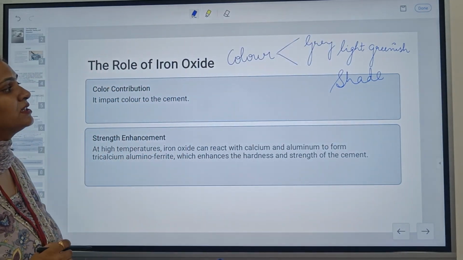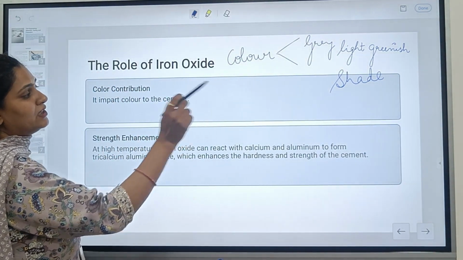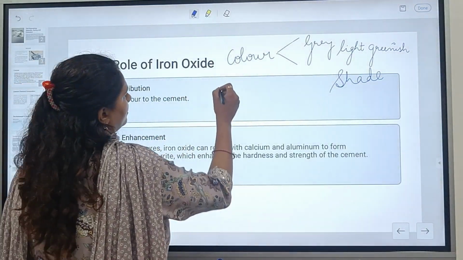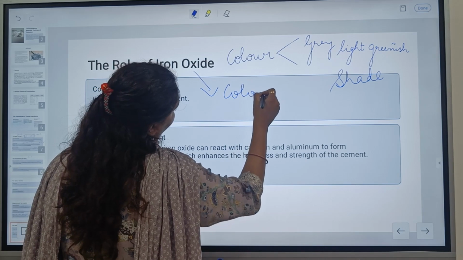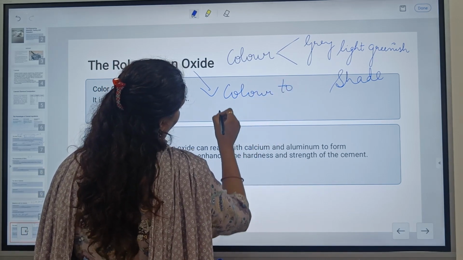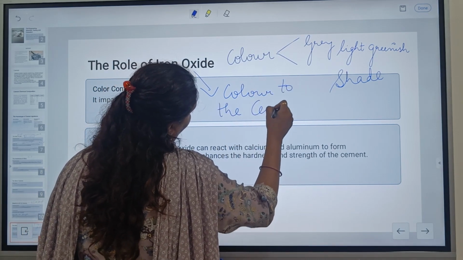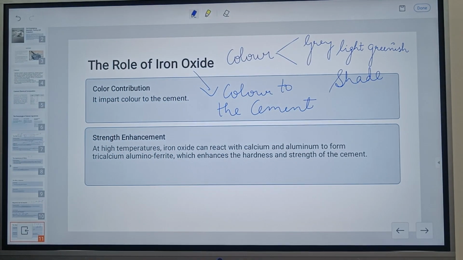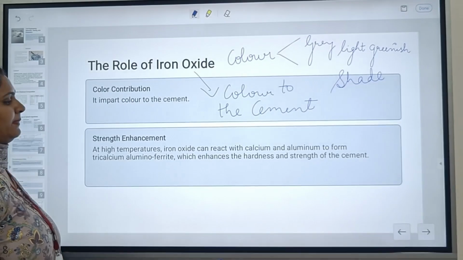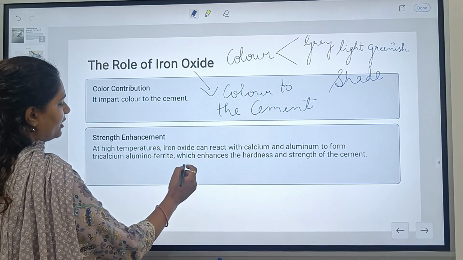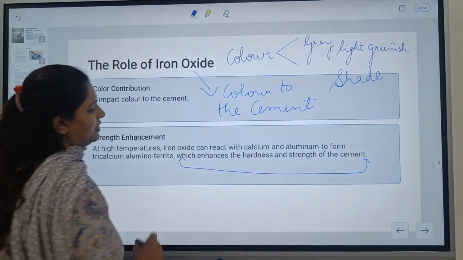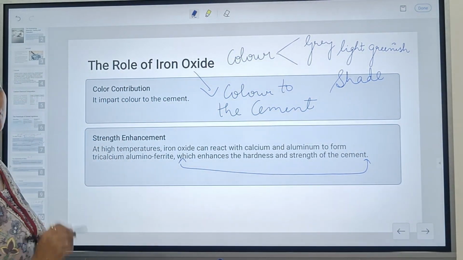It is of light grey color with a light greenish shade. So it gives color to the cement. It also enhances the hardness and the strength of the cement. That is, there are two roles.